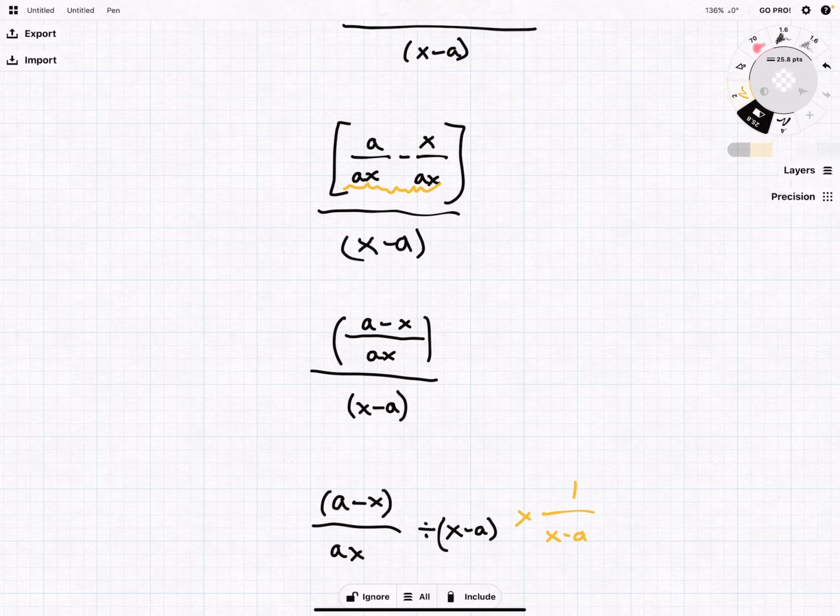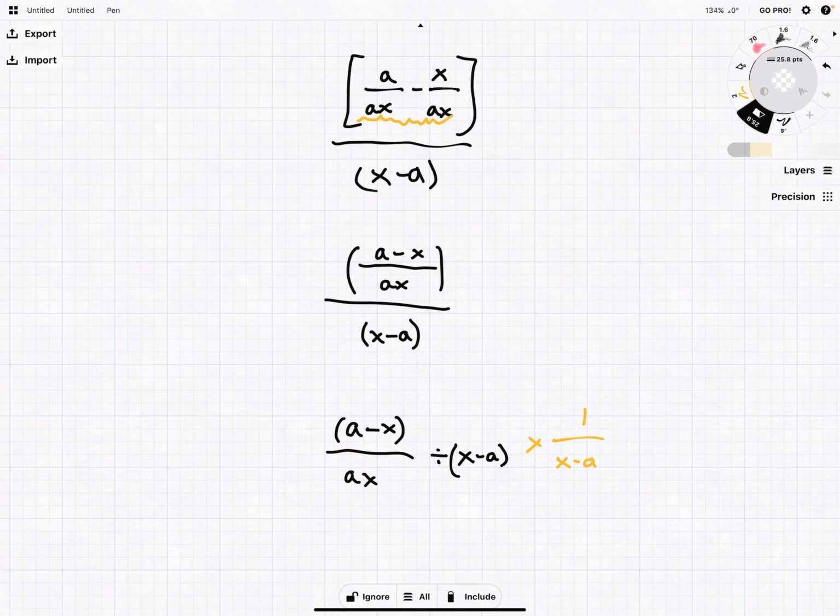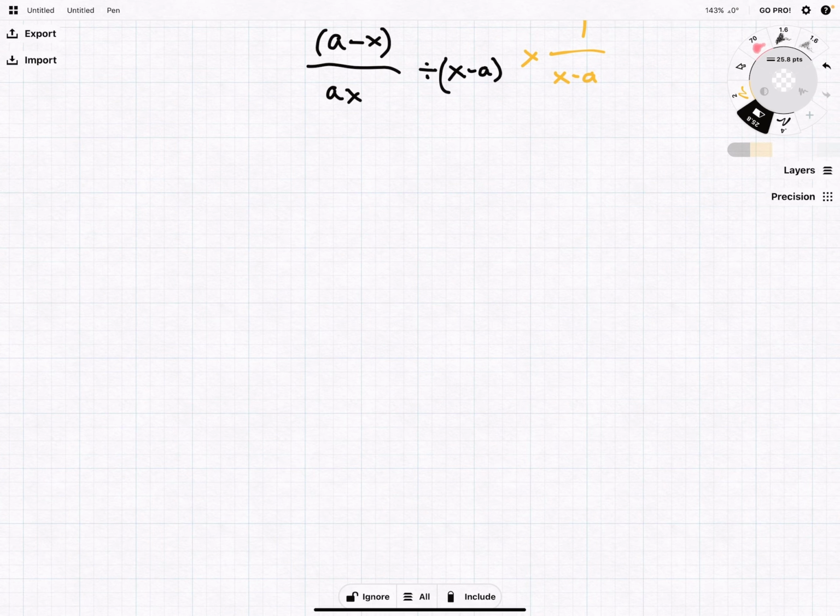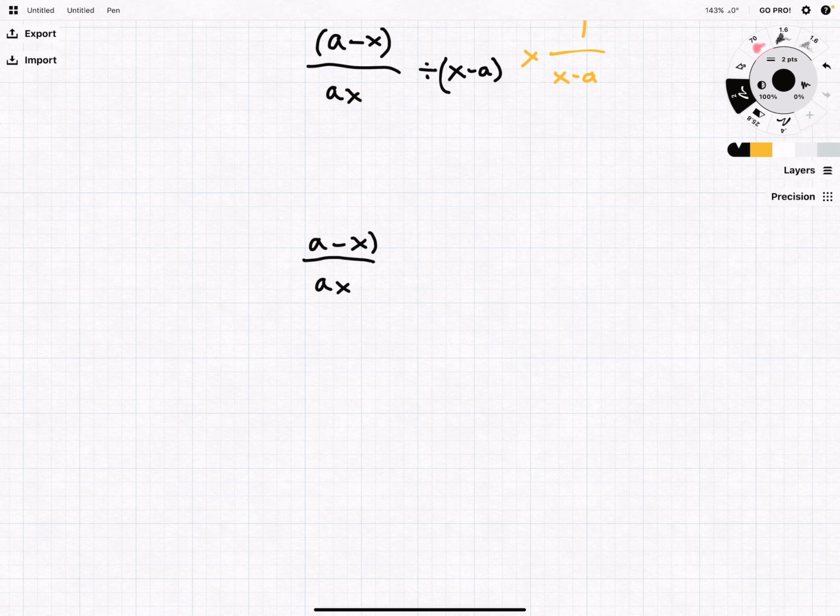Let's write that out: a minus x all over ax times 1 over x minus a.